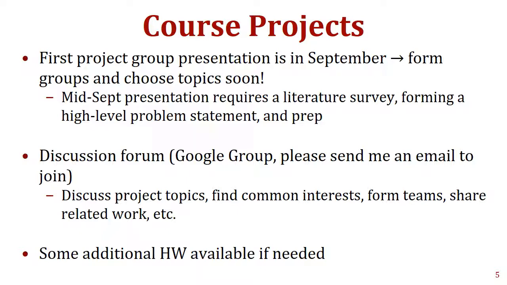But when you do a literature survey, you want to compare what might be new in your work compared to previous work. That's more important than just summarizing what other people have done. You want to point out what is exciting and what's new here.